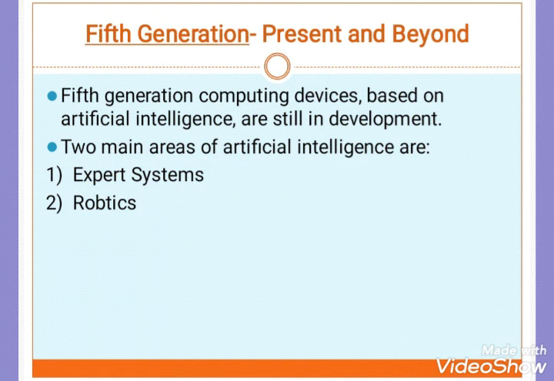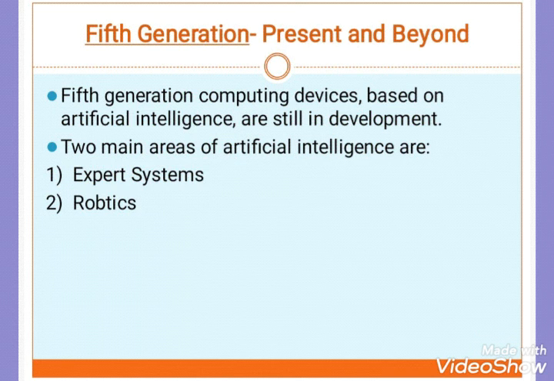The two main areas of artificial intelligence are: the first is expert systems and the second is robotics. Expert systems enable machines to make decisions in real life situations, and robotics enables them to see and hear and to react to other sensory stimuli.